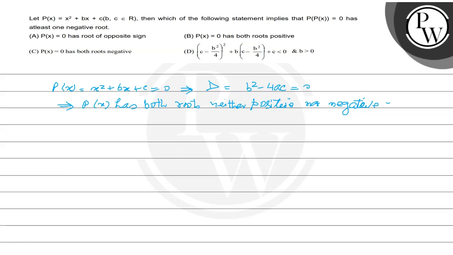That means options B and C are incorrect. Options B and C are not possible.